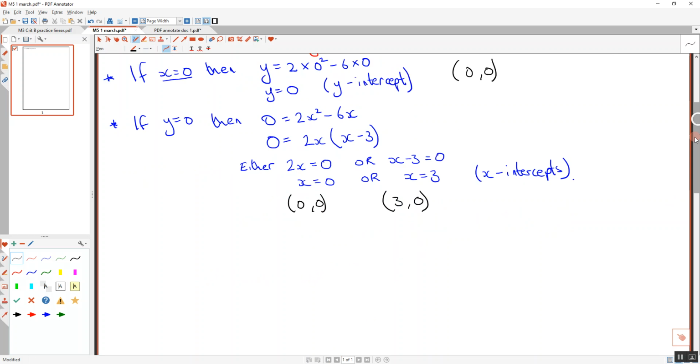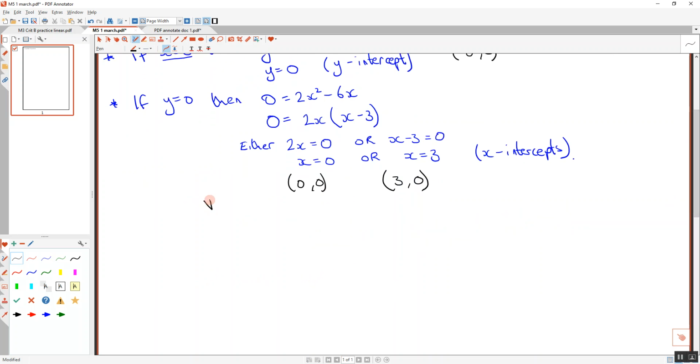We've worked out our vertex, so just write it in as well, as being one and a half and negative 4.5. All right, so that is factorizing.